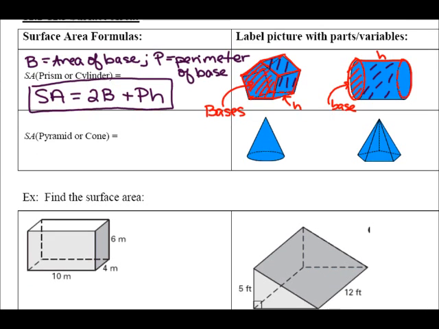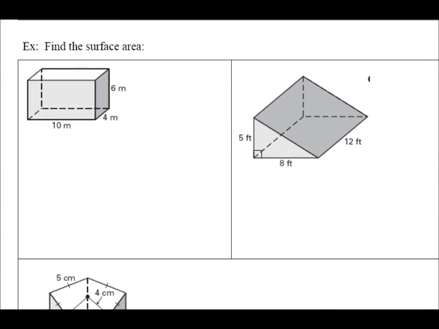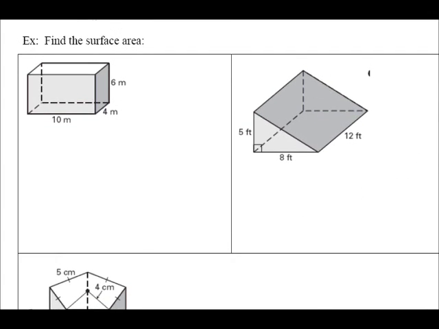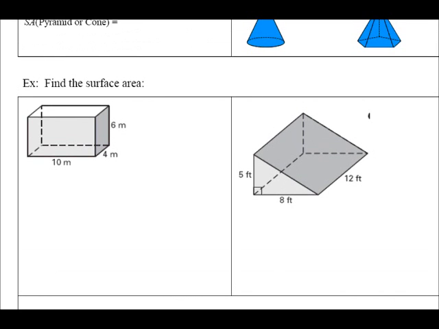Right below here it says find the surface area, and you can see that we have 3 prisms. Okay, so let's start with the first one. Your process on this is the first thing you want to do is identify what is the base. Okay, so the base of this prism is just going to be a rectangle. And remember, it's not always sitting on its base. You're going to see that here in a moment.